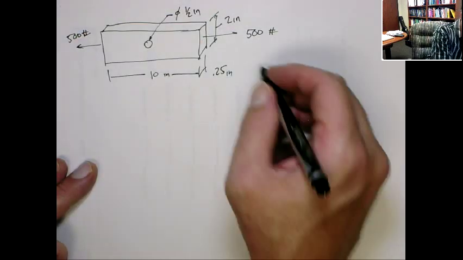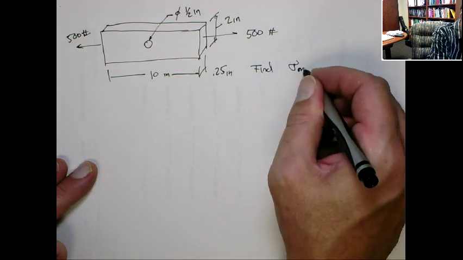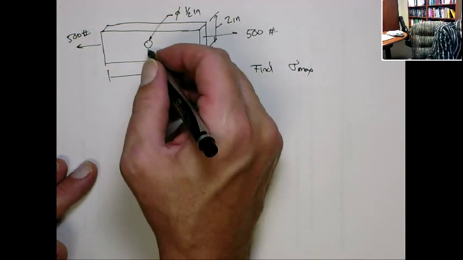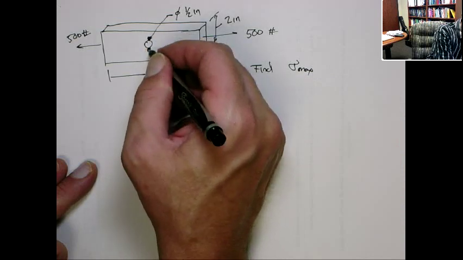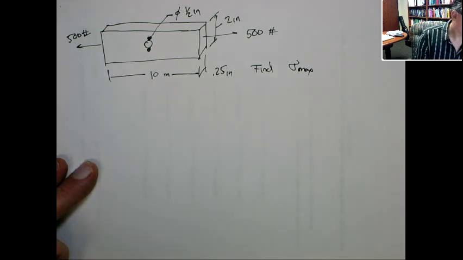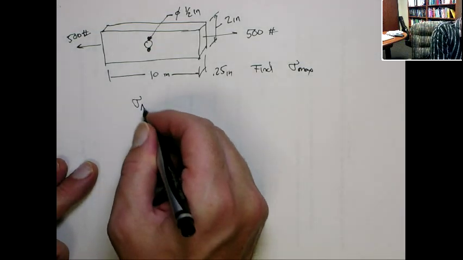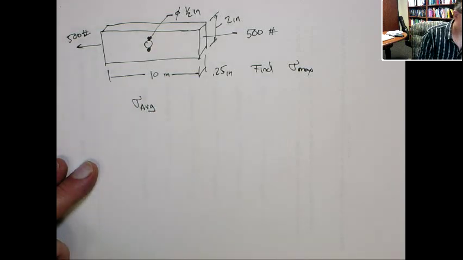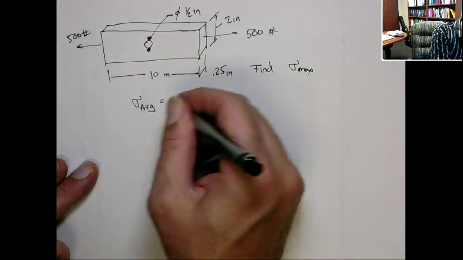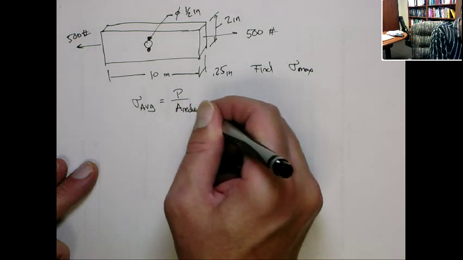Let's find the maximum stress, the axial stress. And that's going to happen here and here, right at those two points. All right. So we can get the average stress, right? The average stress is going to be the force over the reduced area, right?